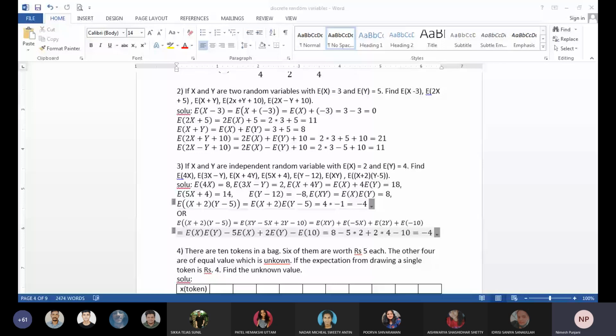Tokens matlab, you can assume it's a coin. Yes. So your voice was not audible till now. नहीं मैं कुछ बोल ही नहीं रहा था, मैंने म्यूट पे डाला हुआ था, तभी मेरा कॉल आया था इसके लिए मैंने म्यूट पे डाला हुआ था. बीच में 2-4 मिनट कुछ I didn't speak only. ठीक है.